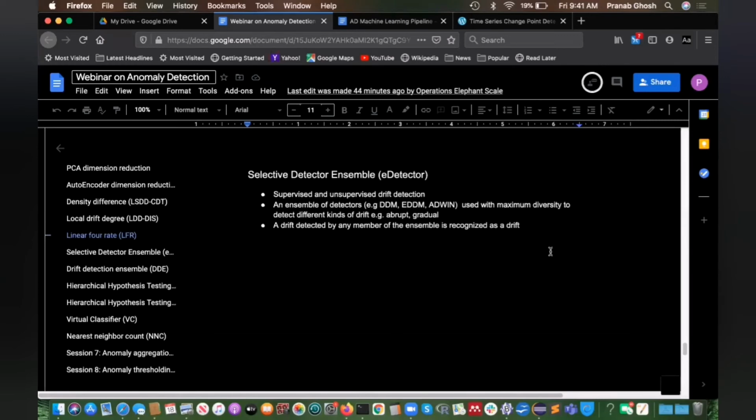So not all algorithms will work equally well for all those 3 cases. So some algorithms may work very well for one. Generally, they all work well for the abrupt one, but for the gradual and incremental, some will work well, some will not. So what this thing does is that it chooses a set of algorithms so that all those different cases are covered. So that's what they mean by diversity.